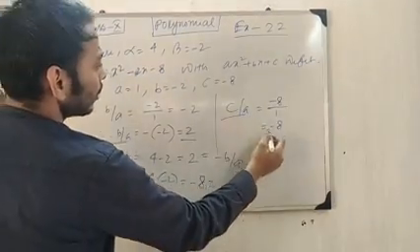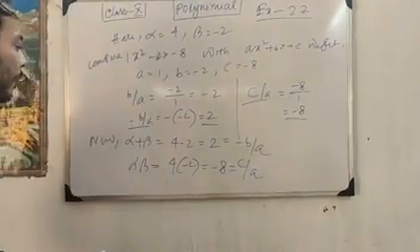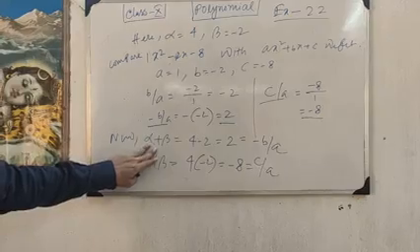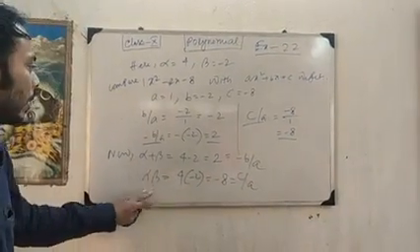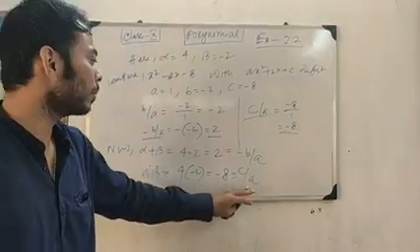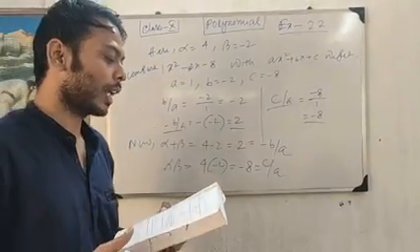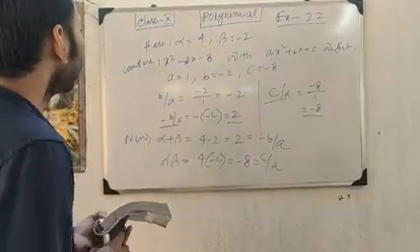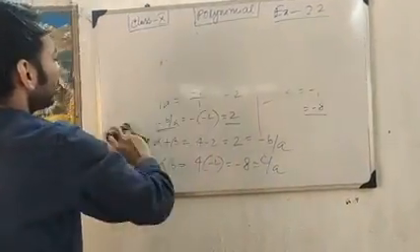That means c by a. So alpha plus beta, that means the sum of the roots, equals minus b by a, and alpha beta, that means the product of the roots, equals c by a, which satisfies the relationship between the zeros and the coefficients. Okay, in this way we can do all the problems.